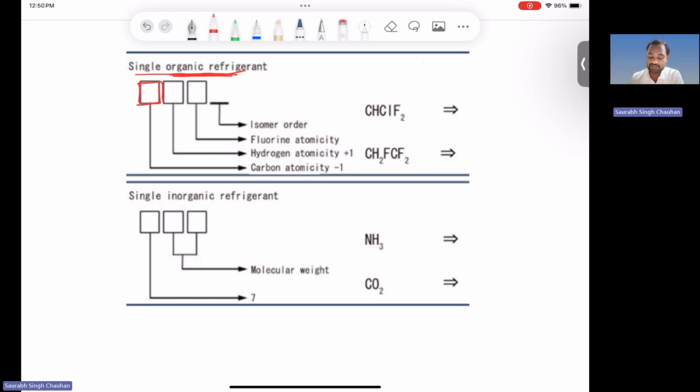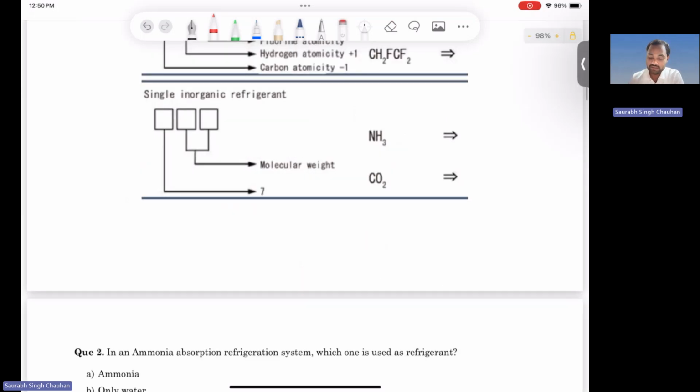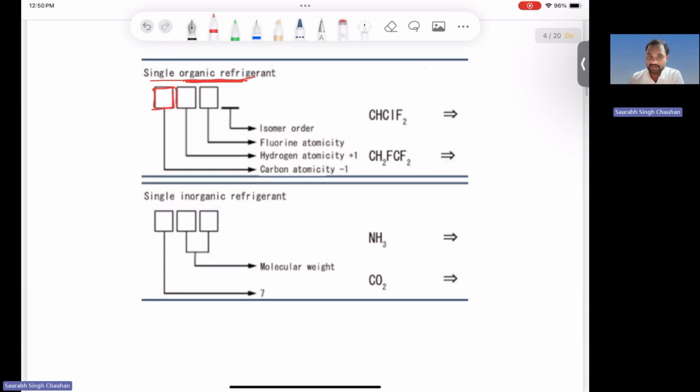For example, if in the chemical formula of a refrigerant there are 2 carbon atoms, then in the trade name there will be 2 minus 1. We will take this example: CHClF2. In this there is 1 carbon atom.